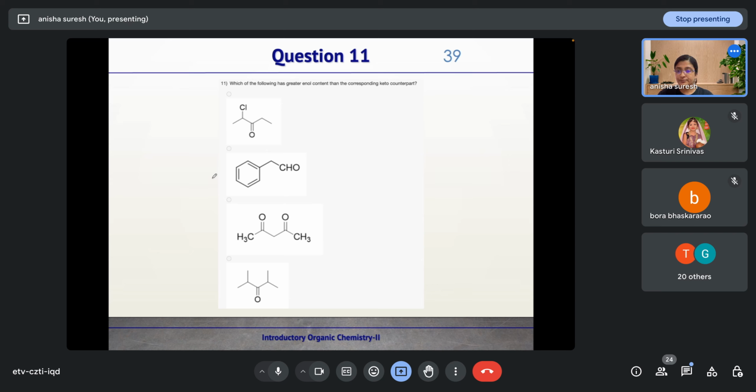So here option C will have the greatest enol content compared to the corresponding keto counterpart, because here the number of alpha hydrogens is 1, 2, 3, 4, 5, 6, 7, 8, and hydrogen bonding is also possible. So this will have greater enol content compared to the other compounds that are given. Clear?